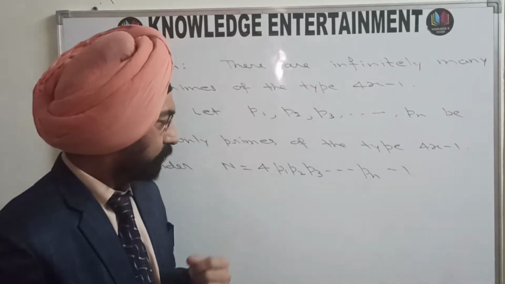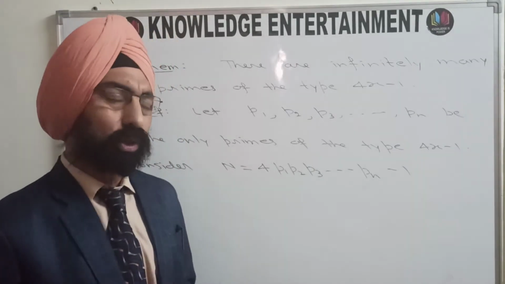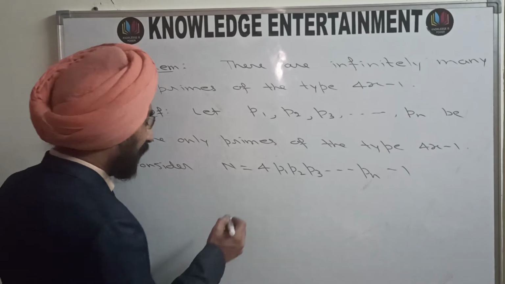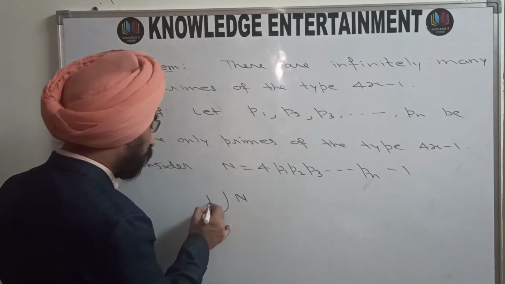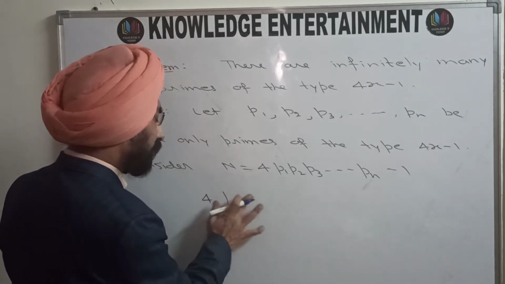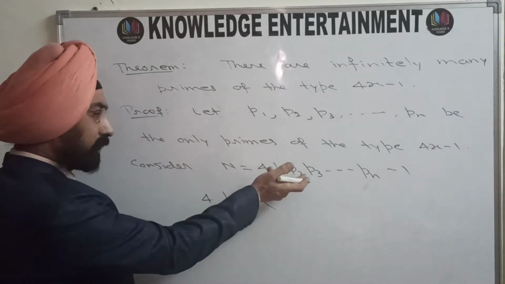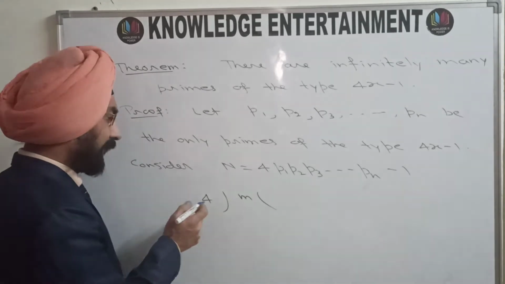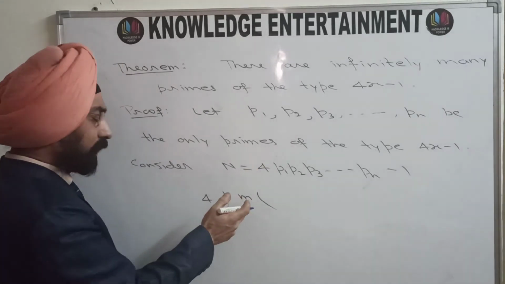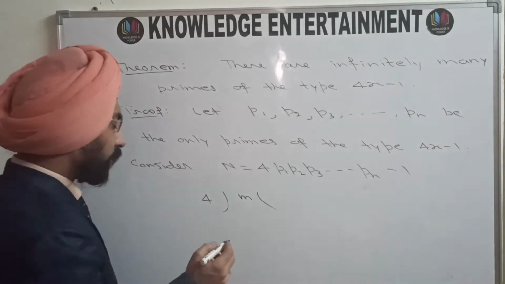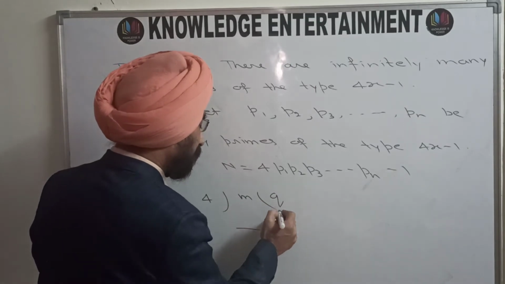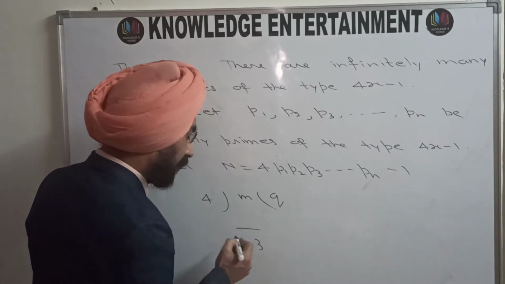First of all, one thing is to be noted: clearly N is odd. So I am taking an odd number and dividing it by 4. There are two possibilities: the remainder is either 1 or 3.